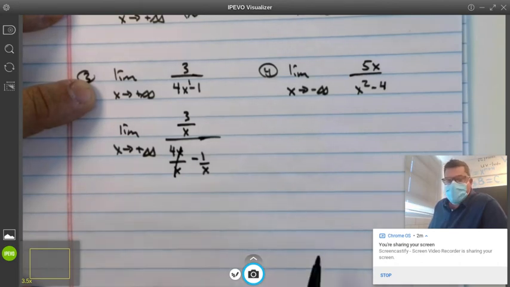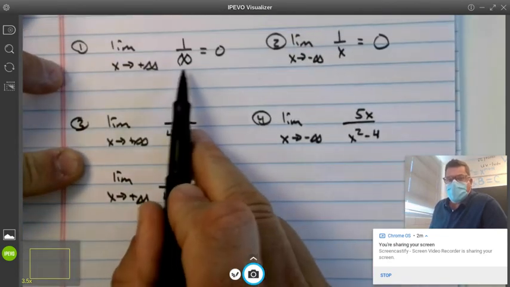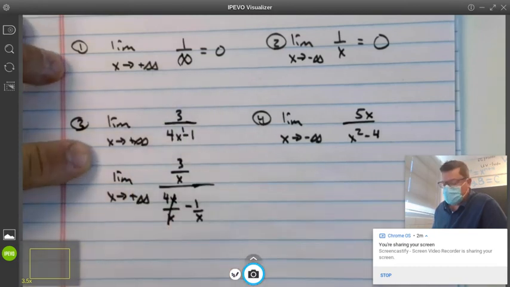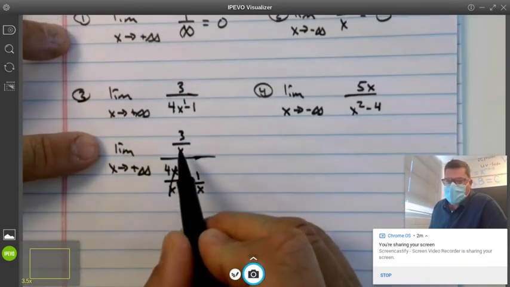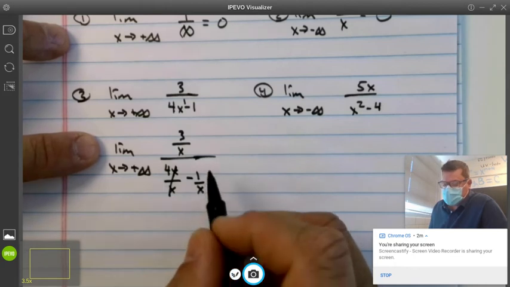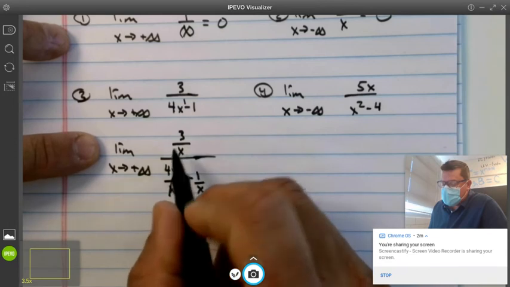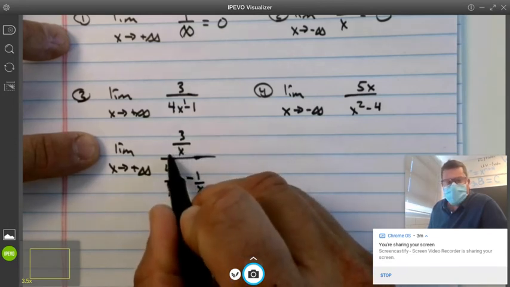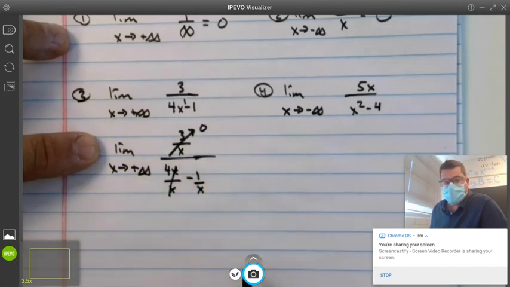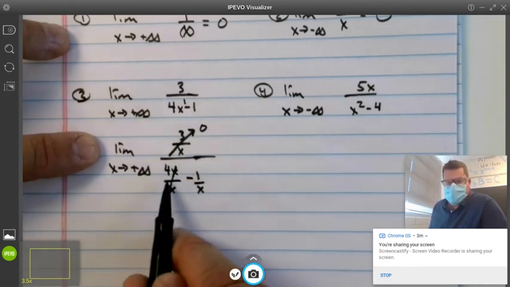And then reapply the limit. With this philosophy in mind, 1 over x goes to 0 as x goes to infinity. What do you think 3 over a really large number goes to? That's right, it goes to 0. So instead of saying equals 0, the notation that we like to use is it slashes out and that part goes to 0. That 4 remains.